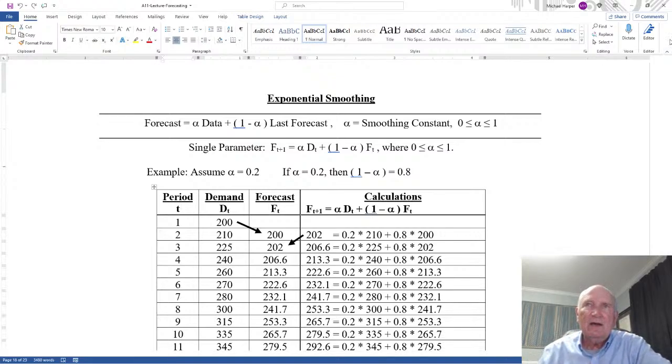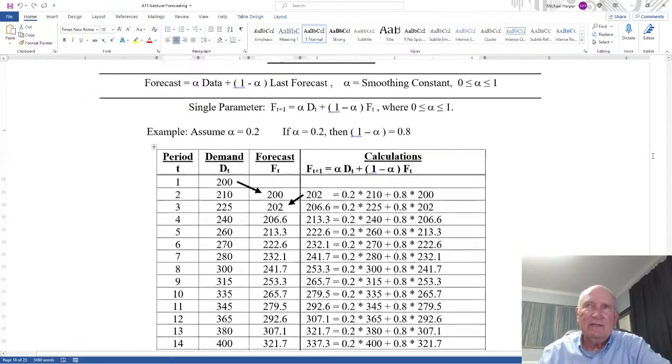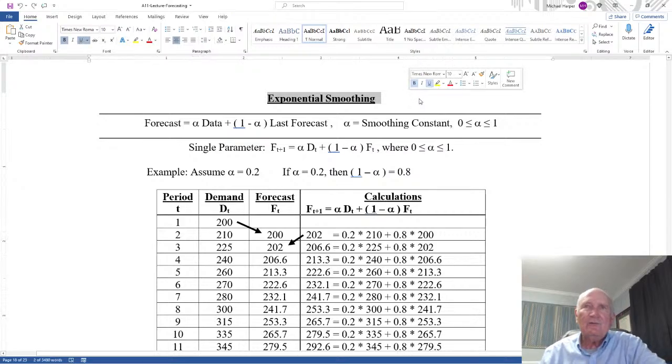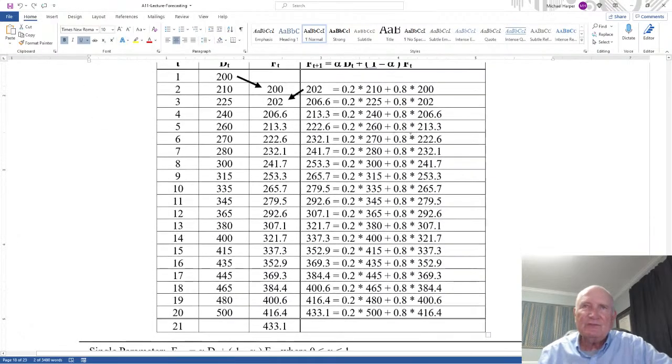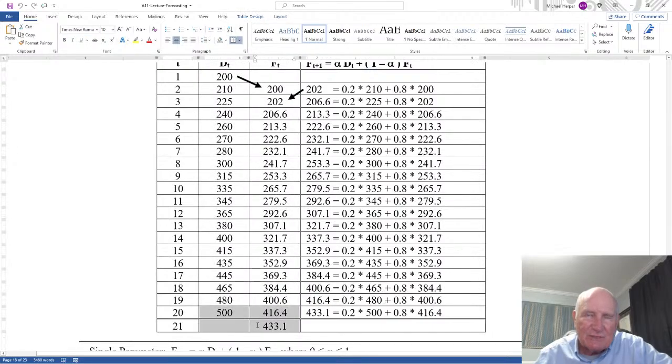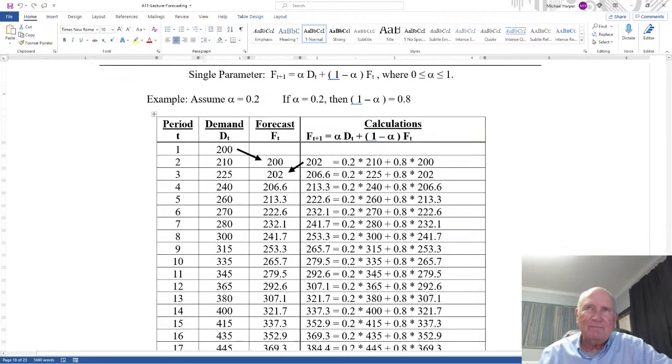So the window of an exponential smoothing moving average really theoretically is infinite. In other words, for this course, for exponential smoothing, we always use all the data. We would never just use the last two. We use all the data.